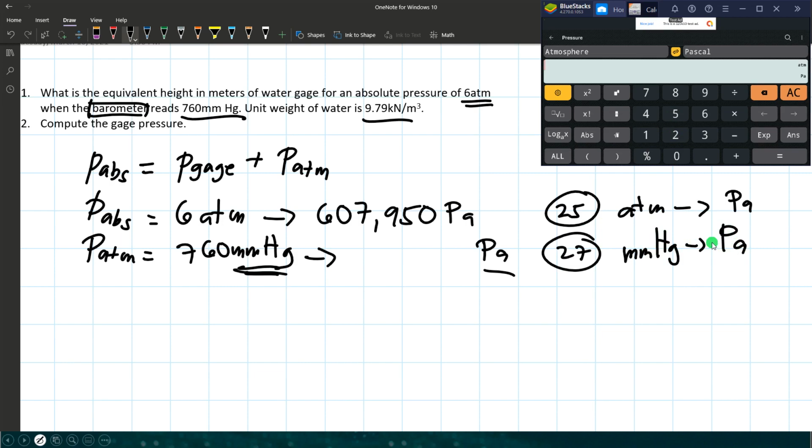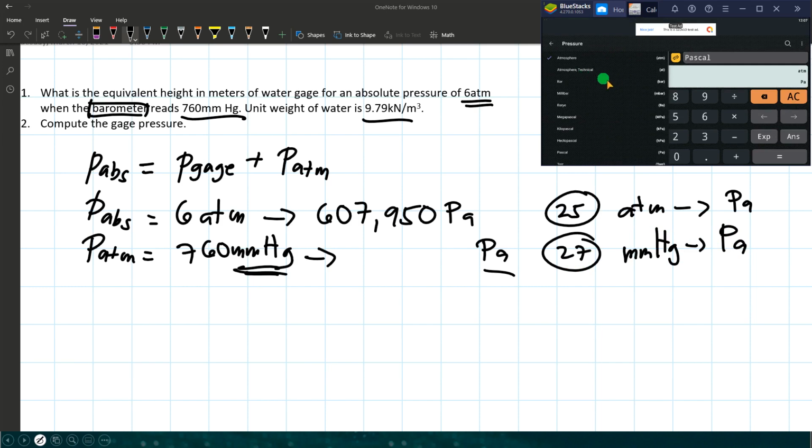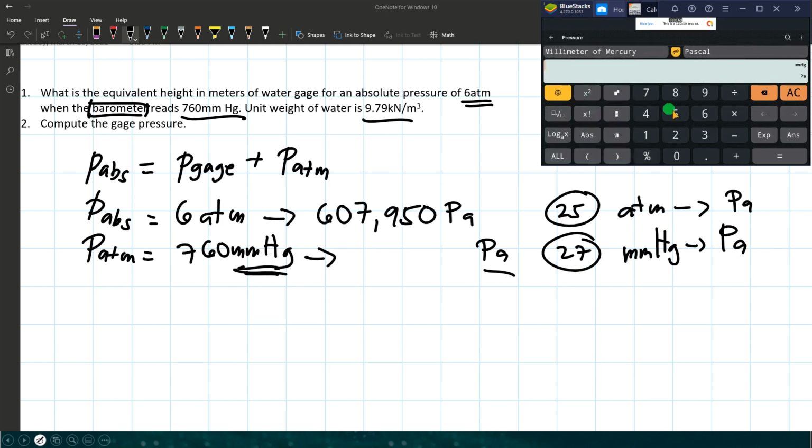So here in my calculator, I will just search for mmHg, millimeter of mercury to Pascal. So I will just directly input 760.